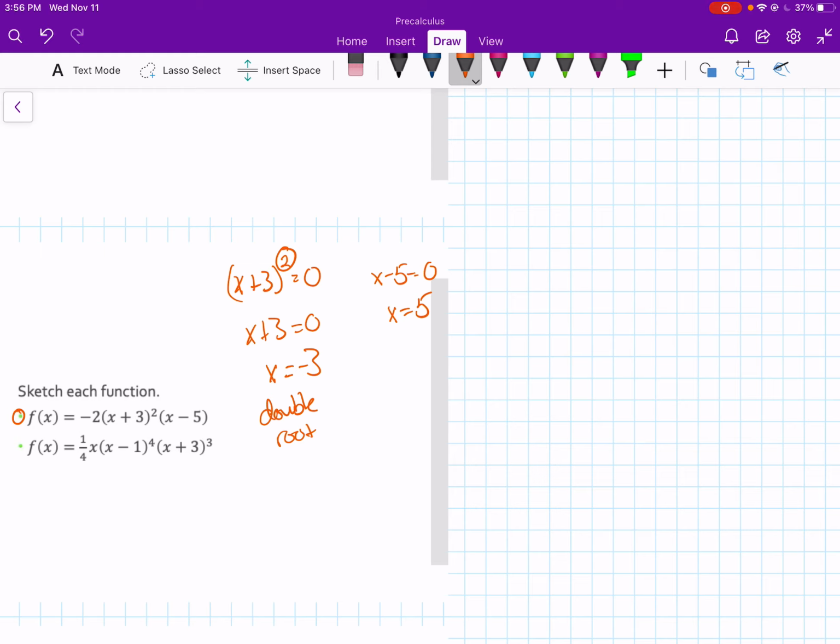Then I'm going to say, okay, the degree of this function is 3, because we have 2 here and 1 here. And then we know that if the degree is 3, you could have 2 turning points.